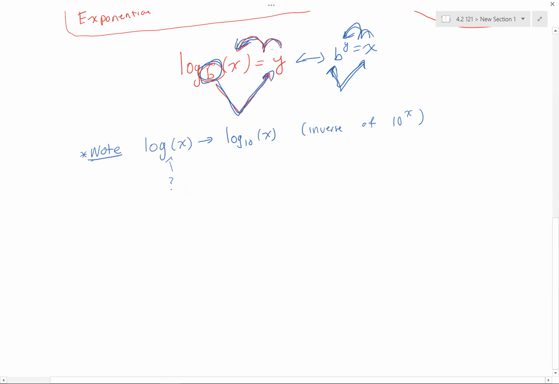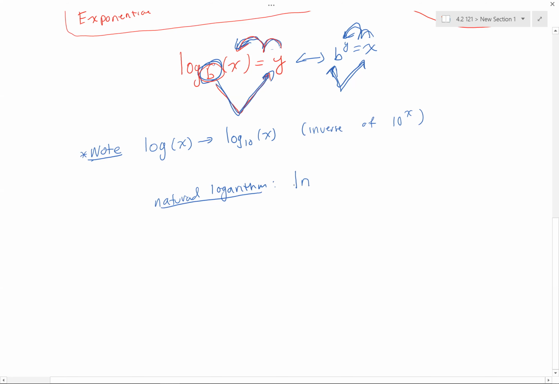Another important logarithmic function is the natural logarithm. Let me erase that question mark and the arrow. The natural logarithm, we denote that as ln, not "in", ln.